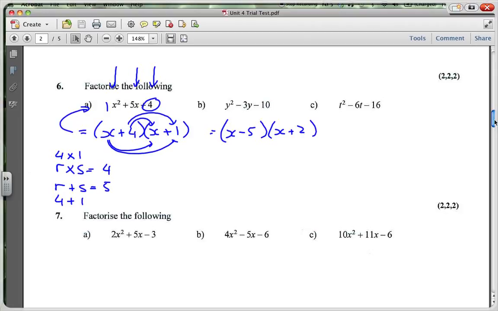And again here, same thing. That's going to be t. Two numbers multiply together to equal negative 16, add together to equal negative 6. That will be 2 and negative 8. It's plus 2, so minus 8 times 2 gives you a negative 16, and minus 8 plus 2 gives you your negative 6.